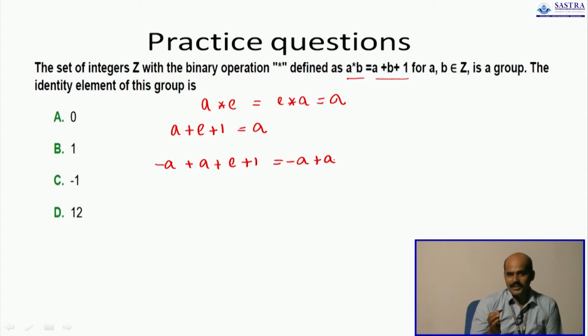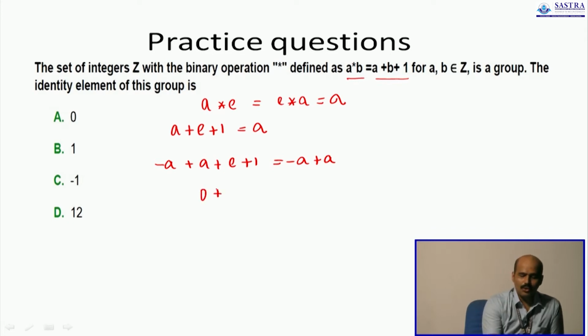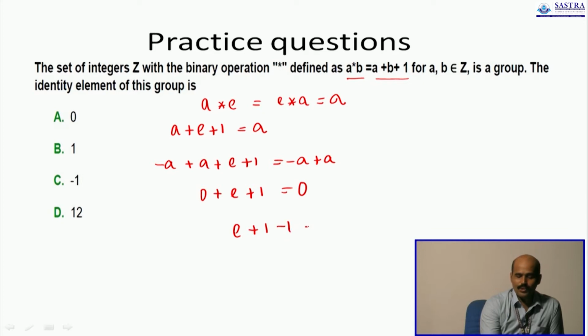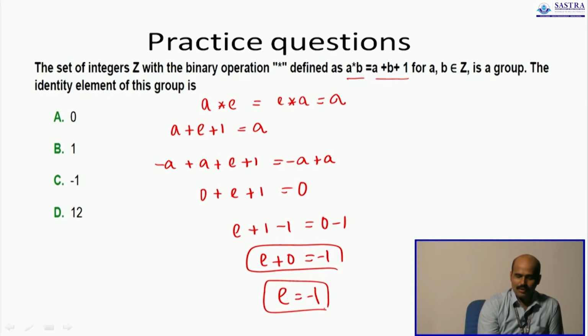Since the integers form a group under addition, this is 0 plus e plus 1 giving us 0. And now to exactly find e, I will add minus 1 to both sides. So 1 and minus 1 will give me 0. So e plus 0 is minus 1. Therefore the identity element this time is not 0 but minus 1.